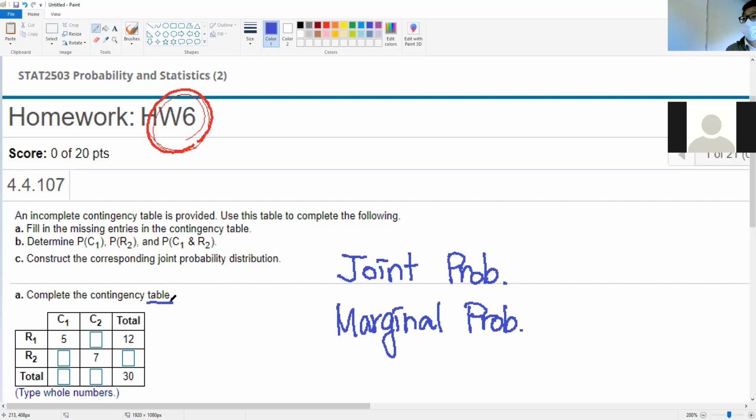It's a 2x2 table. Here is a variable C, and the other one is R. For example, let me assume R1 is male. So we have 12 males, and R2, for example, female. Then that is the total number of students.